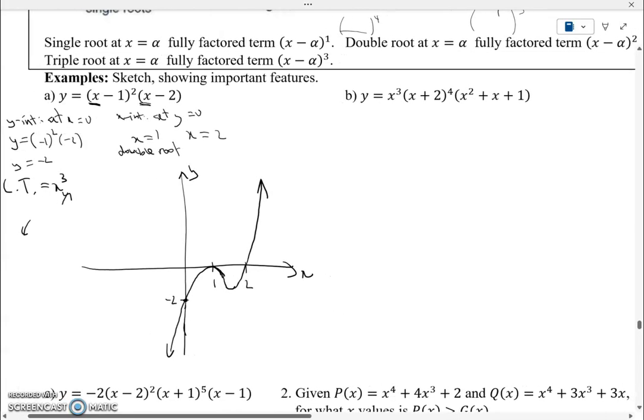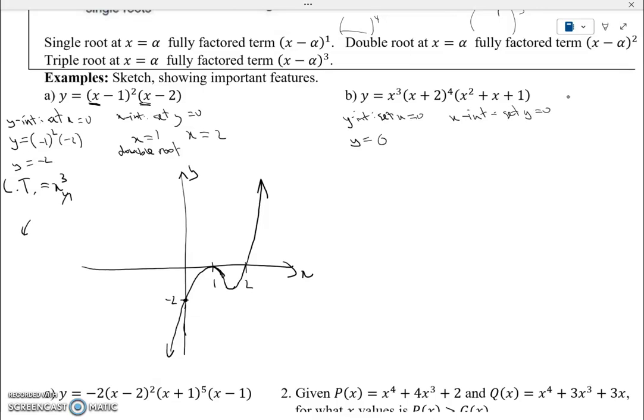Alright, let's do this one. This one's interesting. Okay, let's go y-intercept, set x to be 0. And if you convince yourself if x is 0, that's going to be 0 cubed times all this. It's going to be 0 anyway. Okay, so the y-intercept is 0. Let's go x-intercept, set y equal to 0.